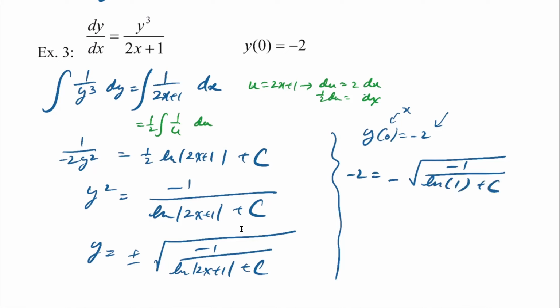But we all know that this is equal to 0, right? Okay, so now what that means is, it's negative and negative, so we could get rid of negatives now. It's equal to the square root of negative 1 over c. We could square both sides. What is c equal to then? Negative 1/4, isn't it?